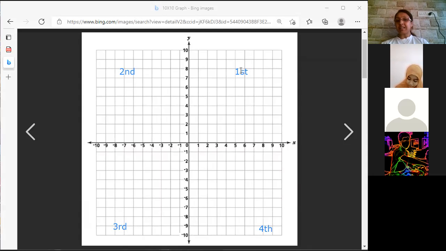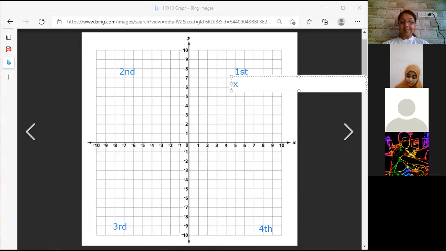Now, what are the specialities of these quadrants? The first quadrant is where you have both the coordinates, X and Y, positive. Can you see? First quadrant will have both X and Y positive.